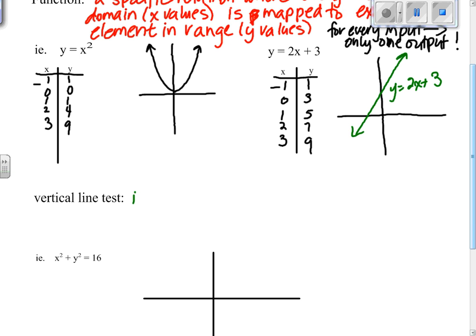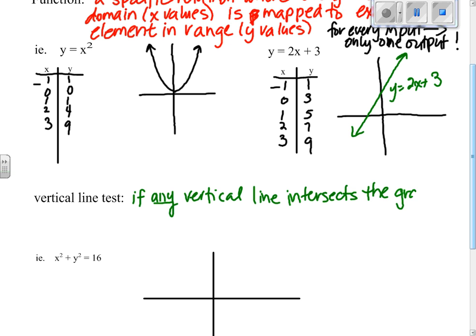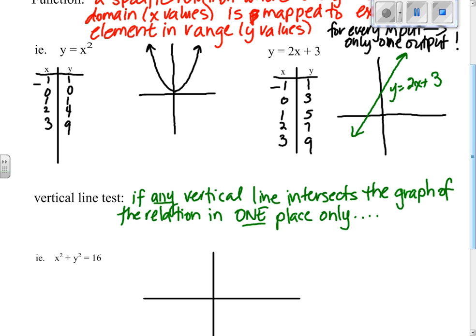If any vertical line intersects the graph of the relation in one place only, and always, it is a function.